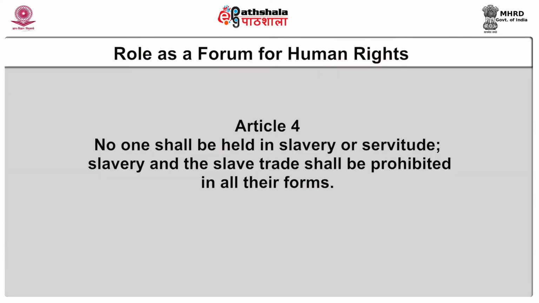Now, all these are important. This is summed up in Article 4 of the Universal Declaration of Human Rights, which states, I quote, that no one shall be held in slavery or servitude. Slavery and the slave trade shall be prohibited in all their forms.